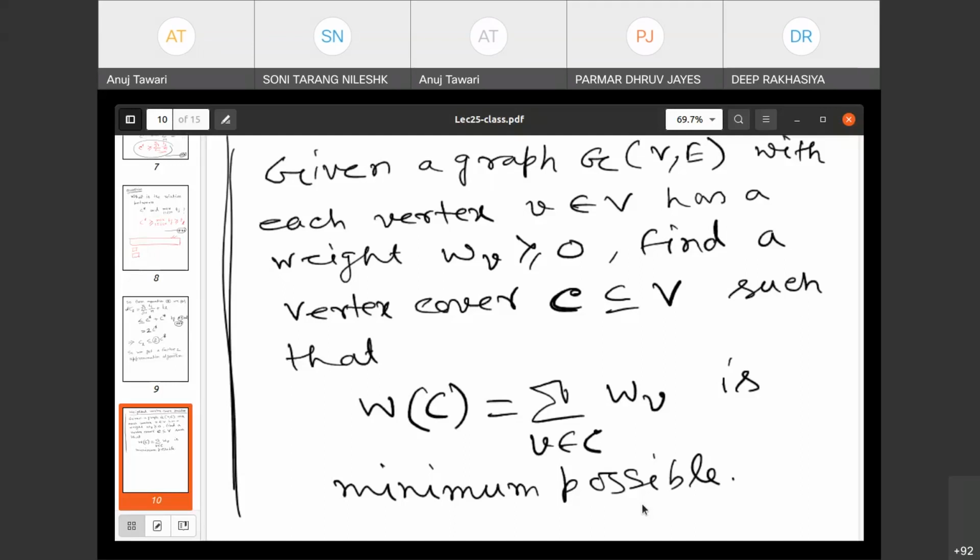Actually there are many practical applications of this weighted vertex cover problem. One of these is, let's say, you want to open some fast food joints, or whatever shops. You have this map of the city, and there is an edge between two vertices if there is a street connecting those two corners.